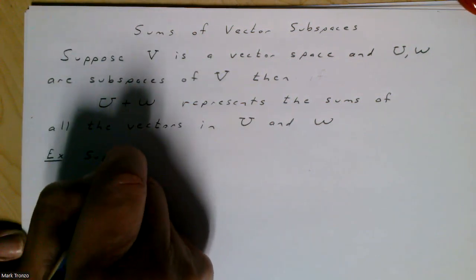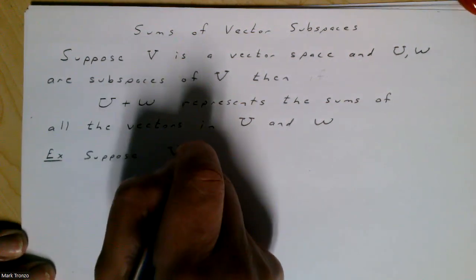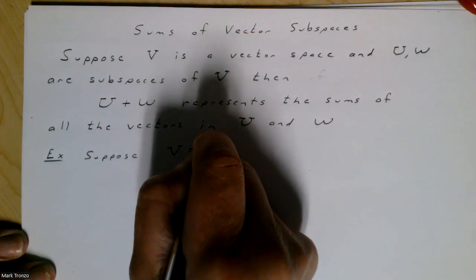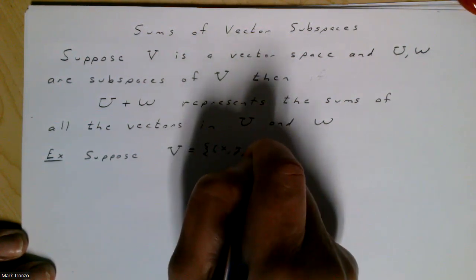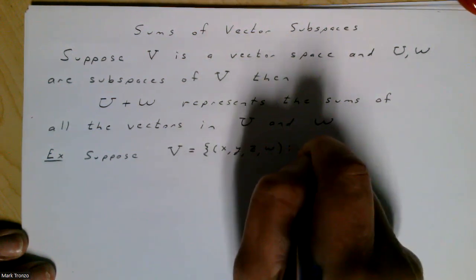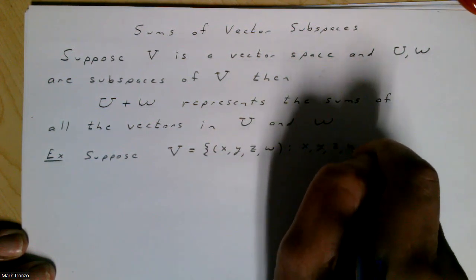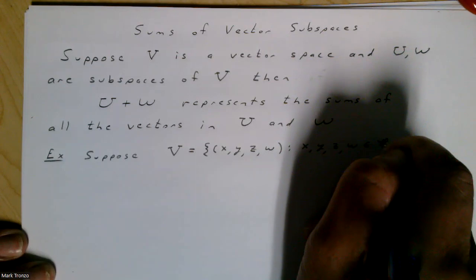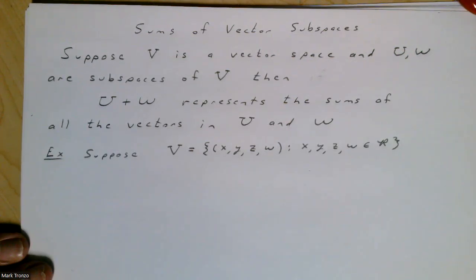Suppose you have a vector space V equal to X, Y, Z, W, such that X, Y, Z, W are in the reals. So the vector space is basically R4.